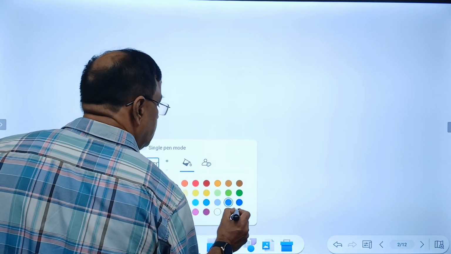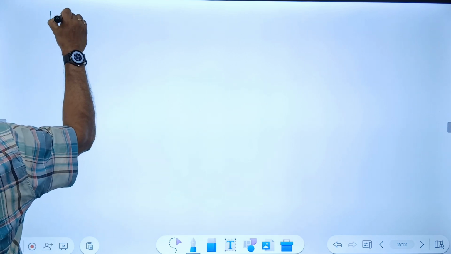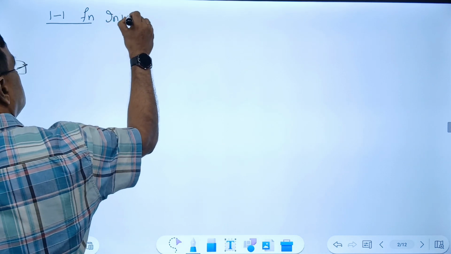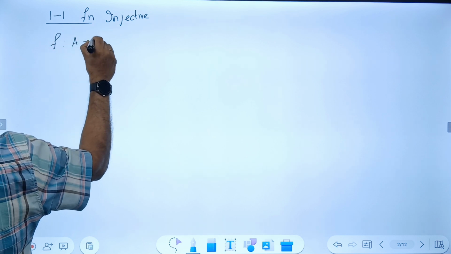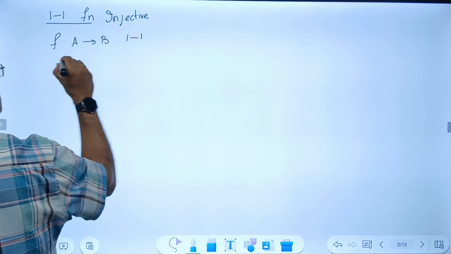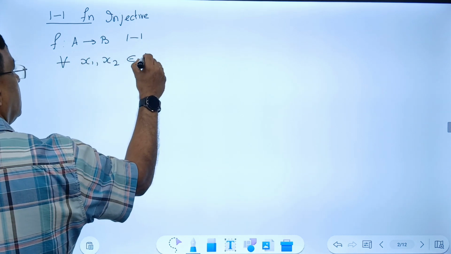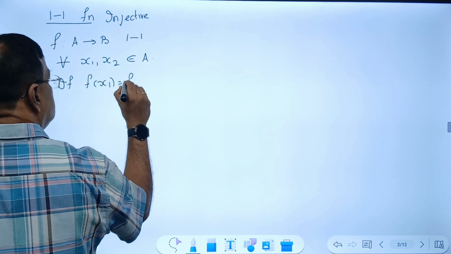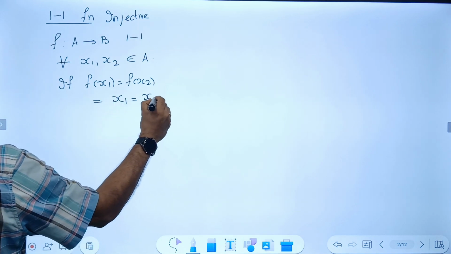Once again, as an introduction, what is a one-to-one function? One-to-one function is otherwise called injective. F is a function from A to B. This is said to be one-to-one when for every x1, x2 belonging to A, if f of x1 equals f of x2, then I should get x1 equal to x2.